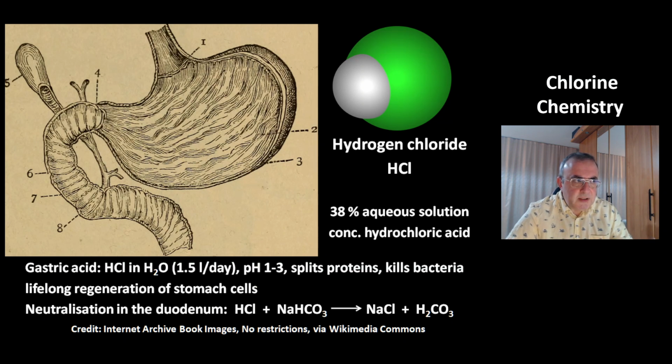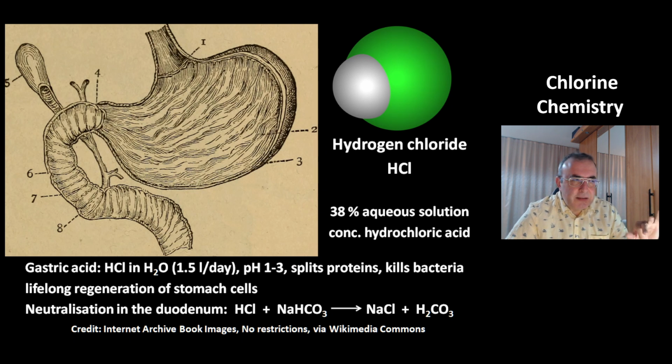The human body produces about 1.5 liters a day, and typical pH in gastric acid is 1 to 3, so that's quite a strong acid. And this acid is able to split proteins and to kill bacteria. And this only works because there's a lifelong regeneration of the stomach cells in the human body.